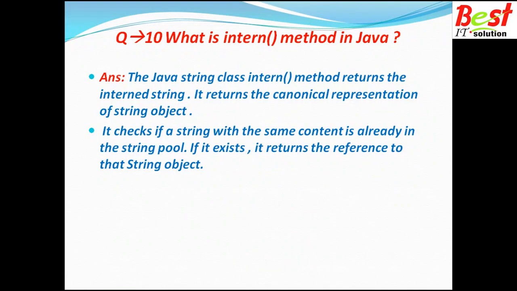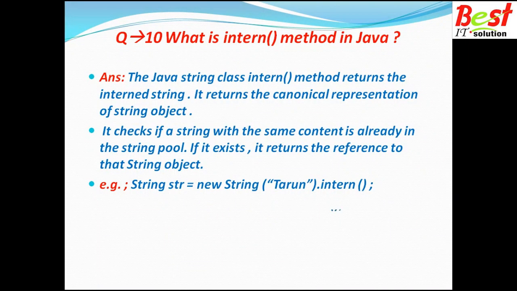It checks if a string with the same content is already present in the string pool. If it exists, it returns the reference to that string object. For example, suppose String str = new String("tarun").intern(), and another variable String str1 = "tarun".